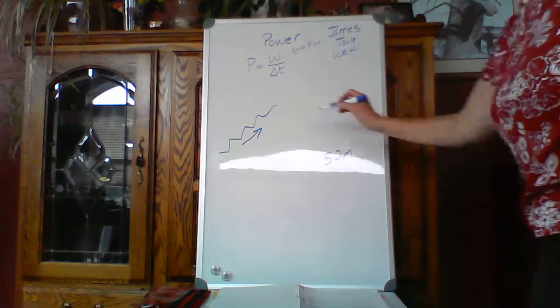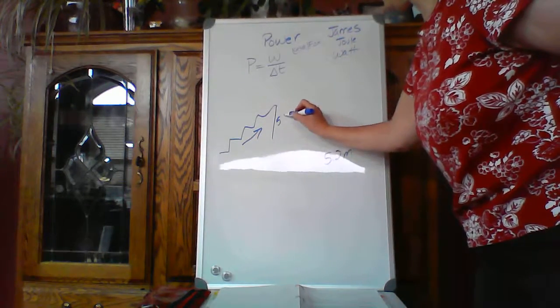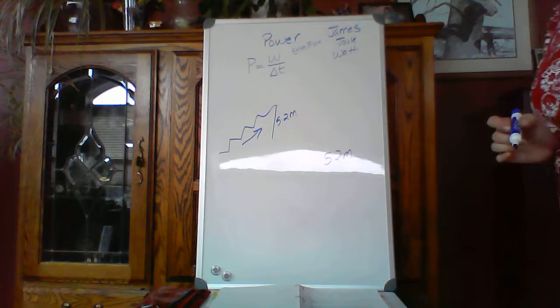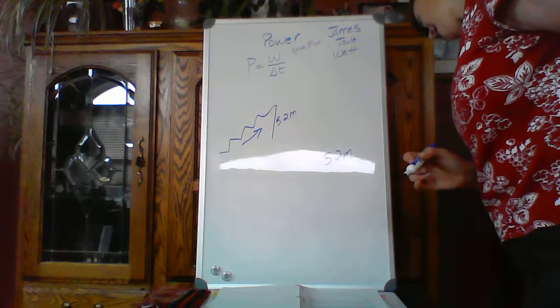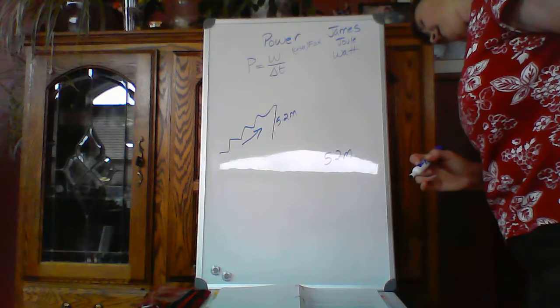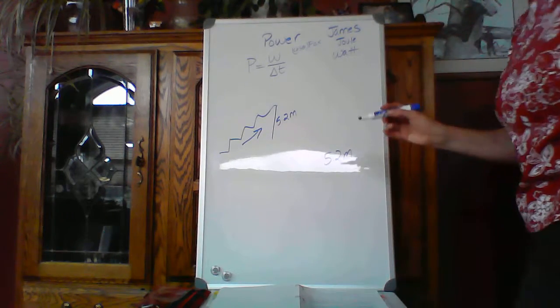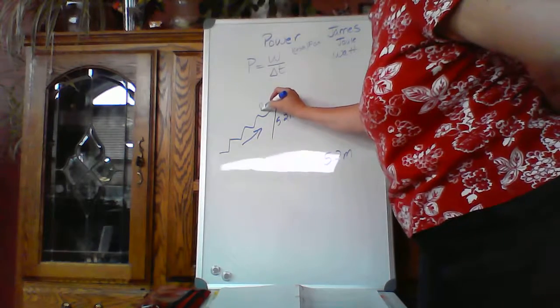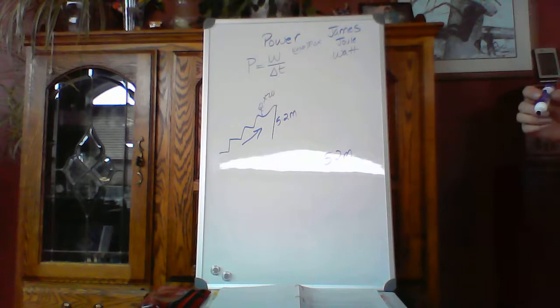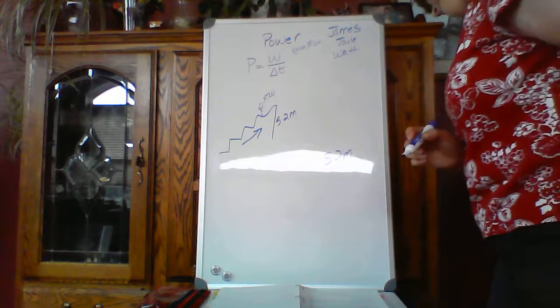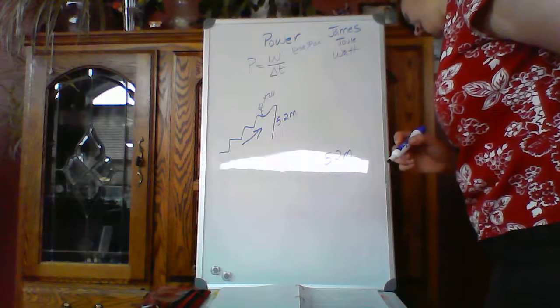And it goes up 5.2 meters, and it can take 20 people. I'm not going to draw 20 people. I'm going to draw one person here times 20. It can take 20 people at a time up that 5.2 meters.